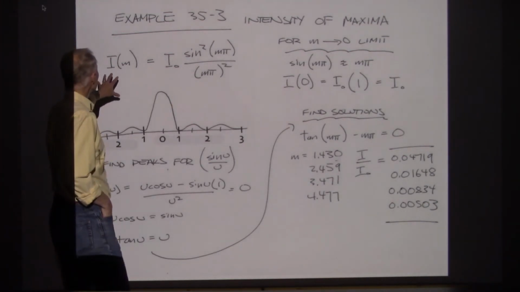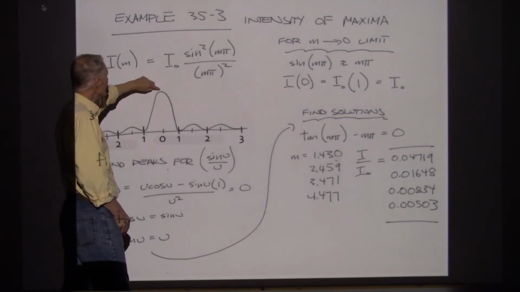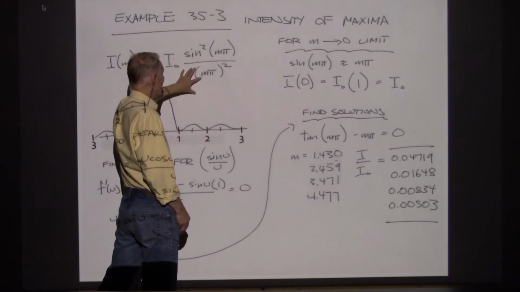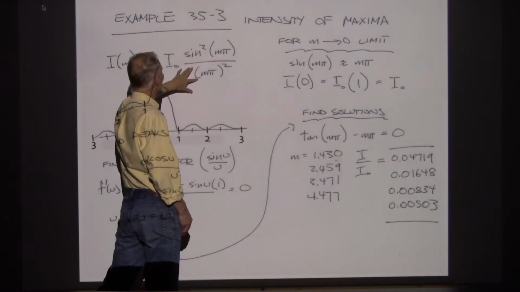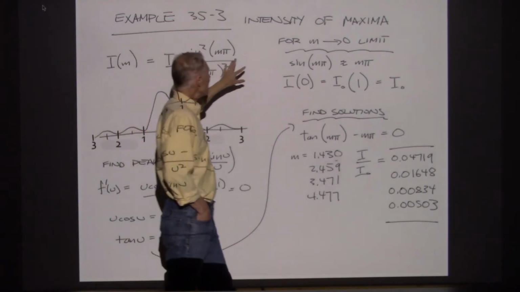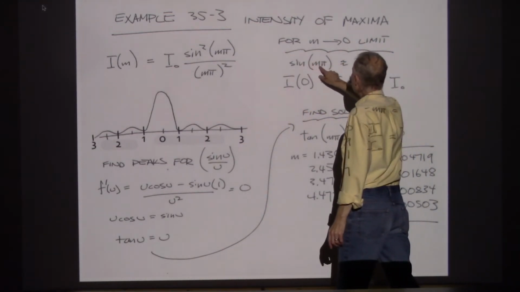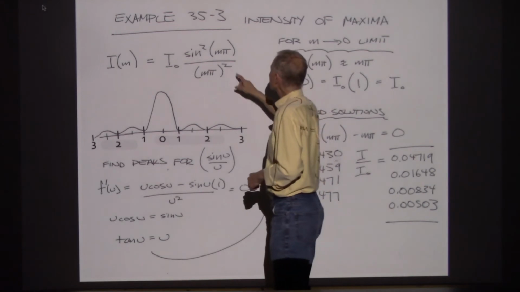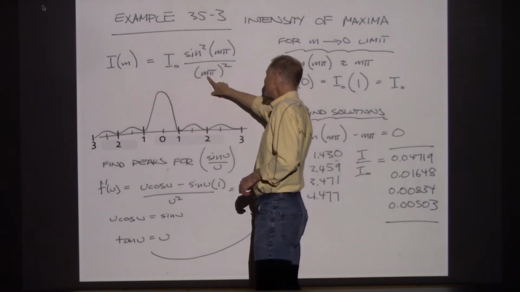So here is the intensity formula that we just derived. It's based on some peak intensity, which is right at the center, and the whole thing gets multiplied by the sine of m pi, squared, the squaring comes after, divided by m pi squared. Now in the limit where m approaches 0, the sine of m pi is roughly given by m pi. You might think that we've got a numerical problem here because as m approaches 0, the numerator goes to 0, but so does the denominator.